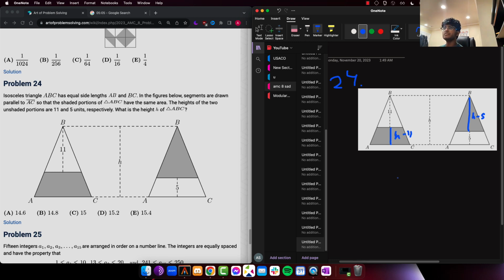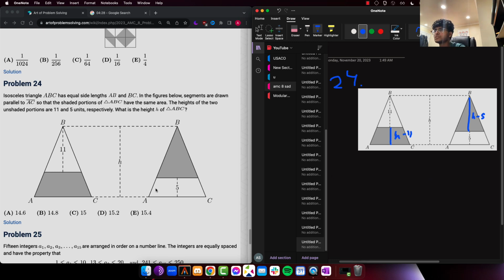Do you have any base areas, or I mean base lengths? Oh, these are the same exact triangle.